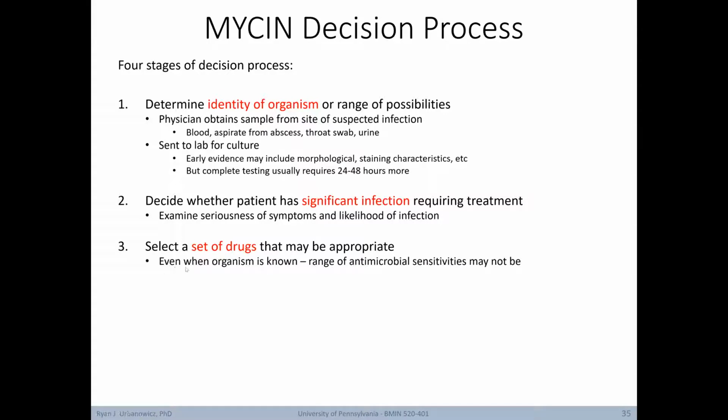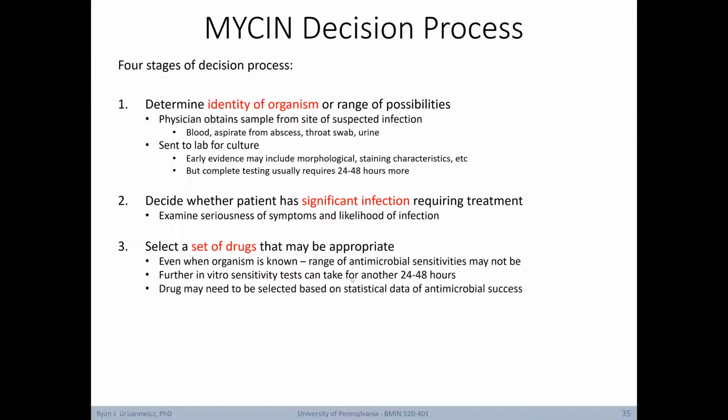This is useful because even when the organism is known, the range of antimicrobial sensitivities might not be known by the clinician. And further in vitro sensitivity tests can take another 24 to 48 hours. Thus, drugs might need to be selected based on statistical data of antimicrobial success. The last decision phase of MYCIN is to identify the most appropriate drug or combination of drugs from all the possibilities.